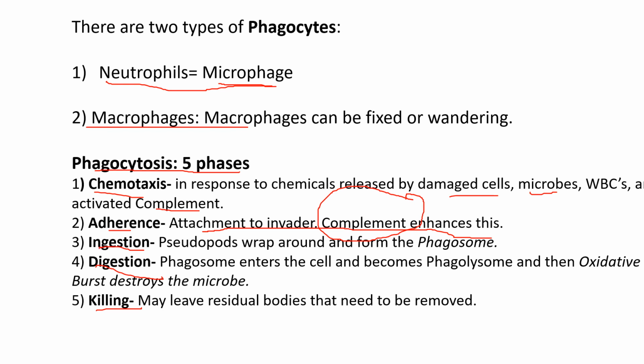And then when you phagocytose, you're ingesting this thing, forming it into a phagosome within the cell, and then digestion through enzymes, breaking it down, and it causes the burst and destruction of the microbe. This may leave many residual bodies that need to be removed after you have this death of this microbe.